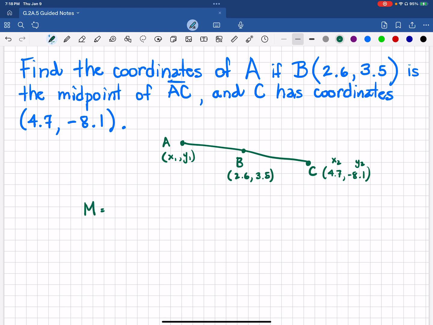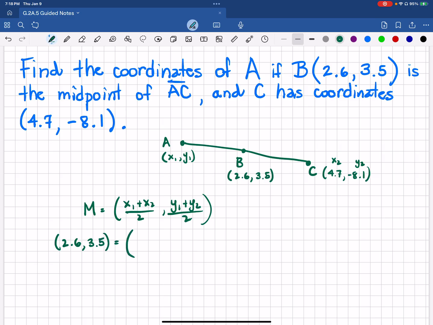We're going to take our midpoint formula, which is m is equal to x1 plus x2 divided by 2, y1 plus y2 divided by 2, and we're going to substitute the information that we know. We know that B, which is our midpoint, is 2.6, comma 3.5.